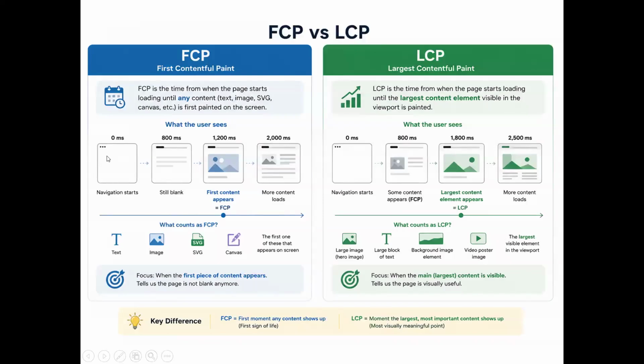FCP is the time from when the page starts loading until any content is first painted on the screen. It could be text, image, SVG, or canvas. When any of these appears on the screen, that time is your First Contentful Paint.